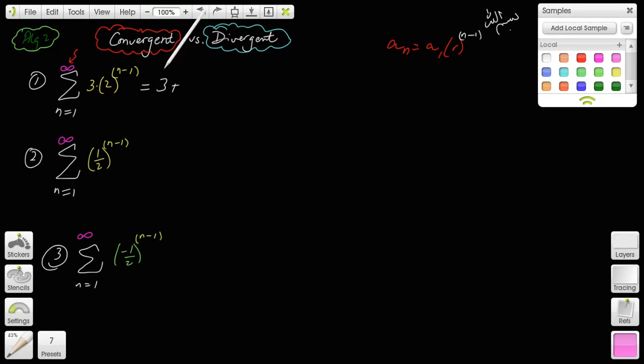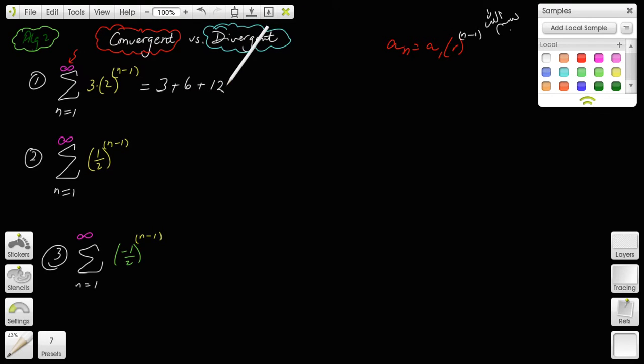The second term, a sub 2, is going to be 3 times 2 to the 2 minus 1. So that's 3 times 2 to the power of 1, and that is 6. Let's write down 6 over here. Now we recognize the common ratio is 2, so every term is going to be multiplied by 2.